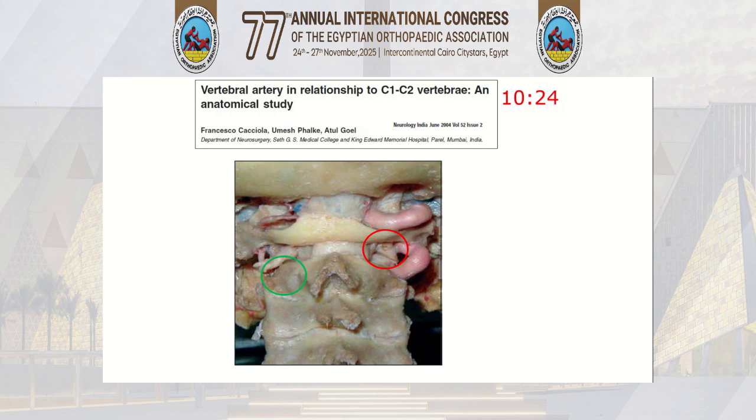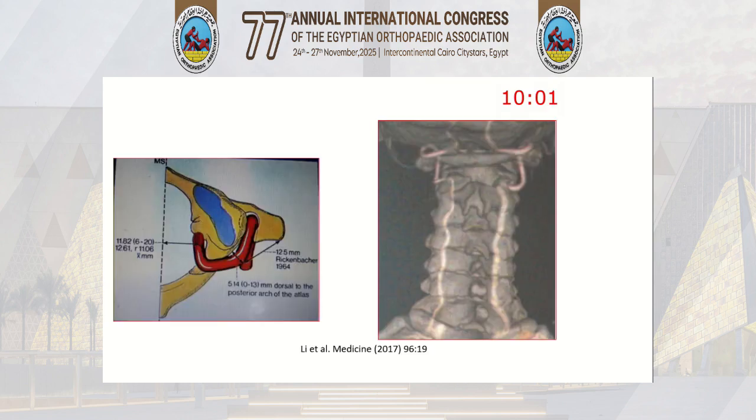Either you cut it or you displace it medially, and then you have the entry for C1. If you expose the posterior arch of C1, you have only 1 to 1.5 centimeters from the midline on both sides. Otherwise, you will hit the vertebral artery in the vertebral artery groove on the upper surface of C1.